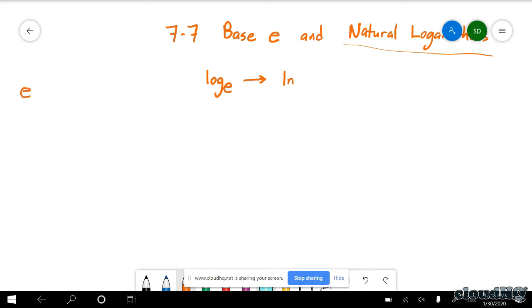Some other irrational numbers would be like square root of 2, square root of 5, those sort of things. So e is a decimal that goes on forever and never repeats. But the first several digits, 2.71828, etc.